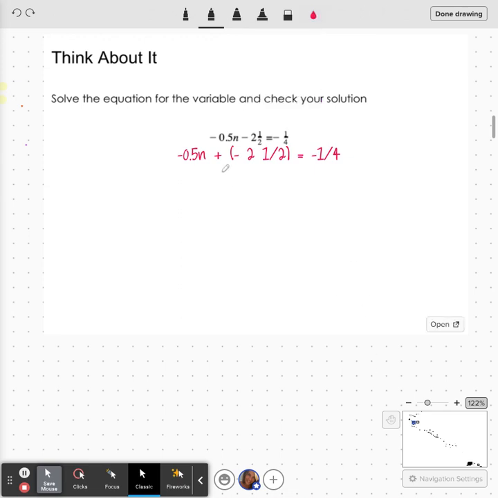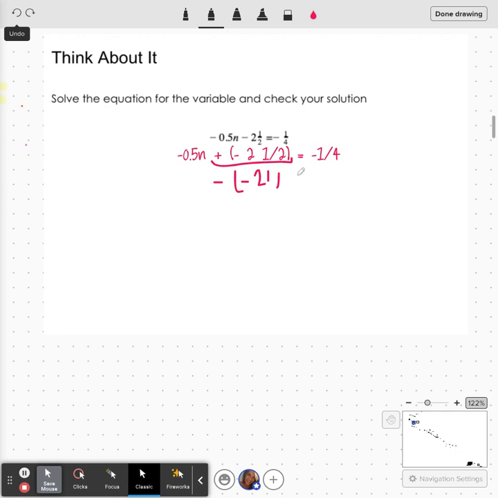The first thing I'm going to do is try to isolate the variable by balancing out this adding of negative 2 and 1/2. In order to do that, I need to not add, but subtract negative 2.5.